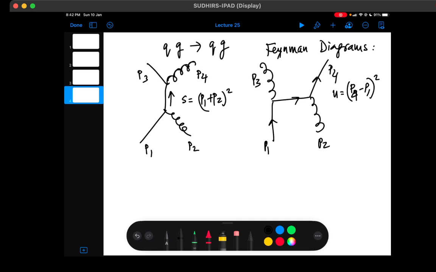Now if you see this, this amplitude looks almost similar to the one that we derived for the Compton effect. The way we wrote the amplitude, we wrote it almost the same way, except for the color factors which are sitting here.